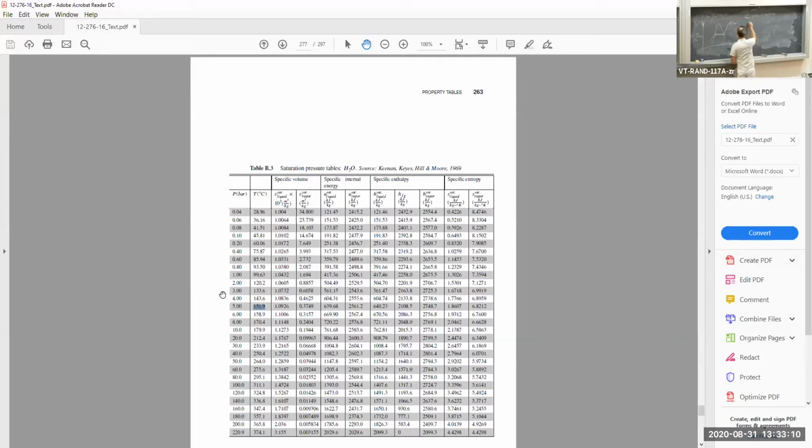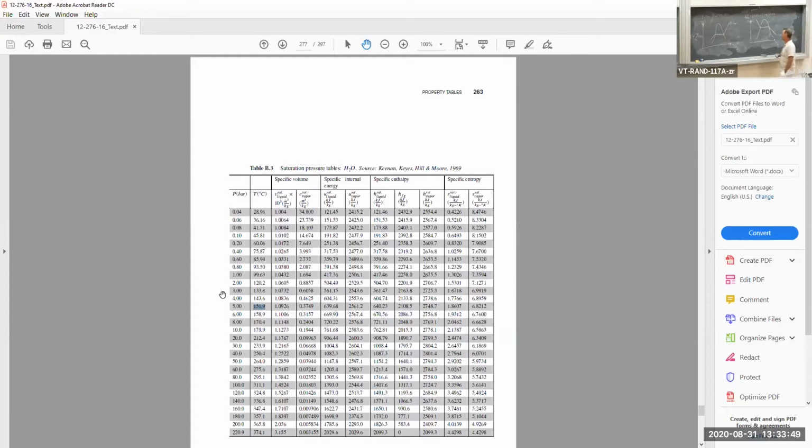Let's do the same thing with the P-v plot. Pressure, specific volume. Here's our dome. Here's my isotherm. Now I'm at 151.9 degrees C. I guess this pressure is in bar. So I'm somewhere on this isotherm.